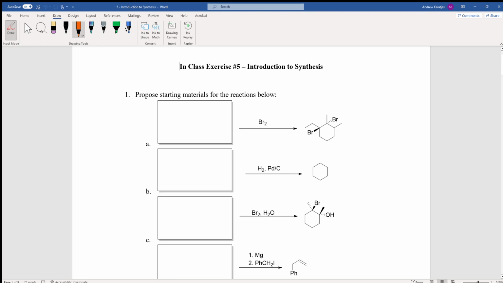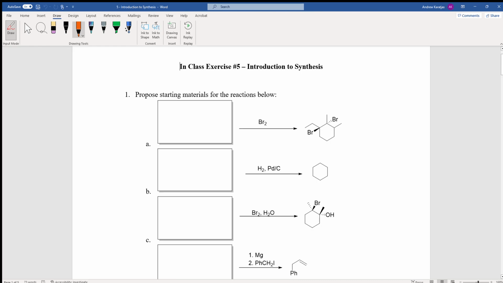We're using bromine here. What does Br2 do as a reagent? While there's certainly other things that it can do, at this point in the course, the primary thing that we've learned that bromine will do is add to an alkene to give us the dibromide.